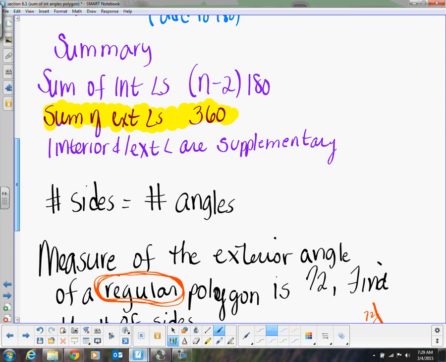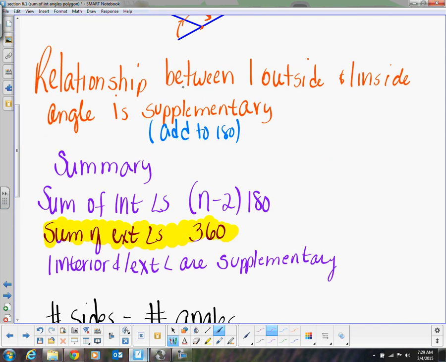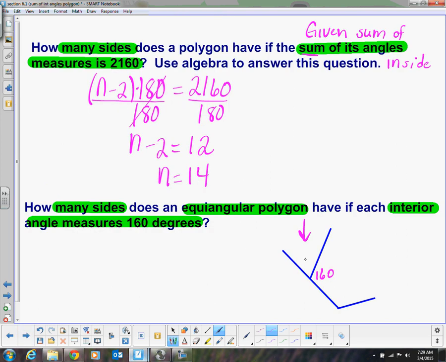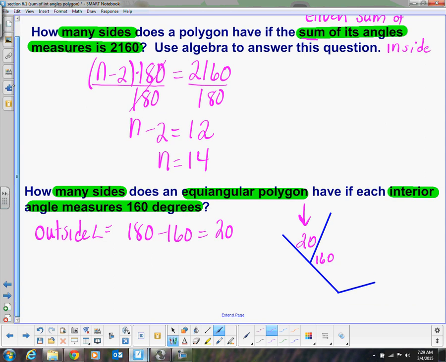I know it's somewhere up here. Yes, the relationship between one outside and one inside is supplementary. So how do I get over here? Right. Outside angle is equal to 180 minus 160, which is equal to what? 20. So this is 20 degrees. That means every outside angle is 20 degrees.